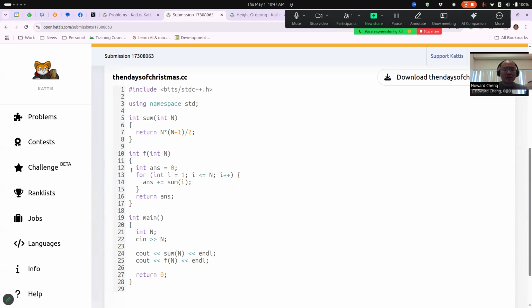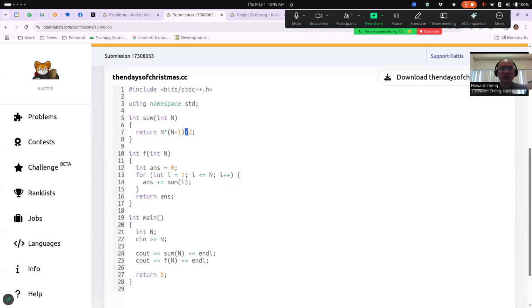For the other answer, I have n times n plus 1 over 2, but whenever you write over 2 in C++, you always have to worry about, am I dividing by integers or by non-integers? Do I want to divide as doubles? Do I want to divide as integers? Am I going to get messed up if I'm dividing by 2 but what I'm dividing is odd? All of that is important to think about.